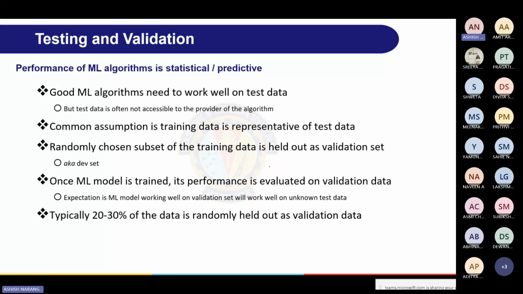It does not mean that it is aligning very well with the training data, but when it comes to unseen data, the new emails which it has not seen, it is not performing that well. That is not a good performance overall, right? How well it can predict future unseen data is what the performance of an ML algorithm is.